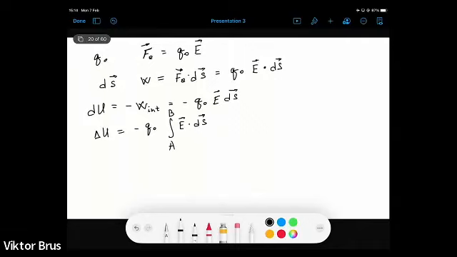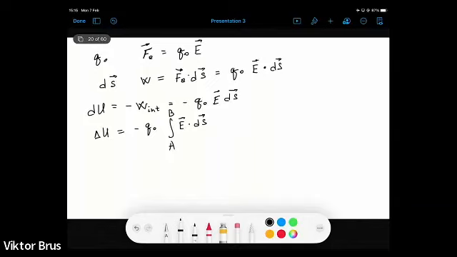Here we need to mention one important thing, that this integration is performed along the path that this electric charge Q follows as it moves from point A to point B.